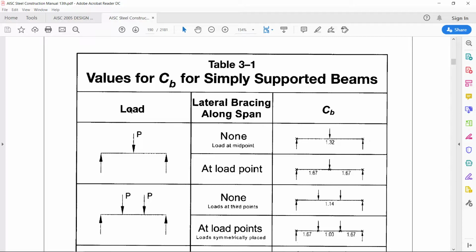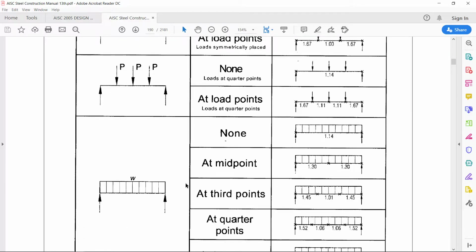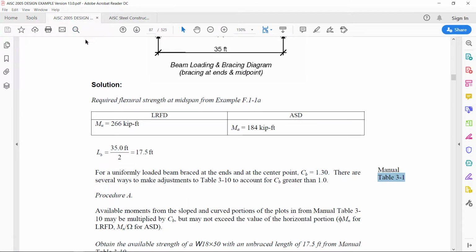On the left hand side we can see there are loads, in the middle the bracing, and at the end we can see the value of CB. Initially these loads are point loads, but for our case we are looking for UDLs. So in case of a UDL supported at the midpoint, the value of CB for both the spans is 1.30. That means the value of CB should be used as 1.30, correct?